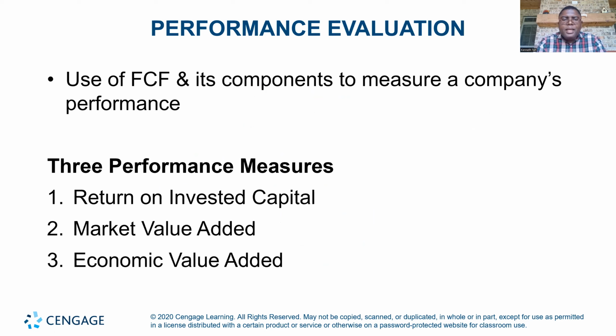There are three important performance measures that we are going to calculate. The first is the return on invested capital. The second is the market value added. And the third is the economic value added. Again, in calculating these, we are going to use the components of free cash flow.